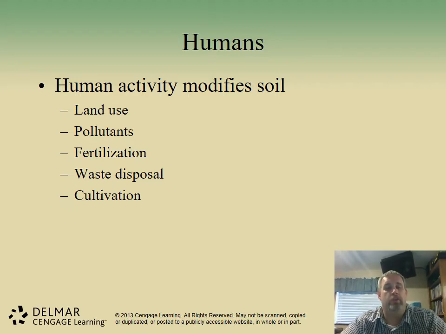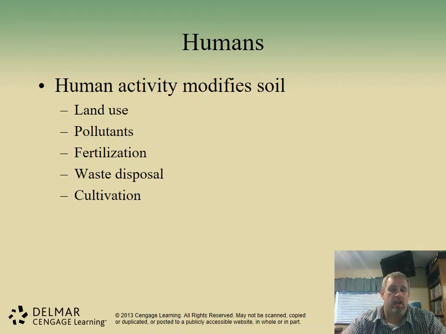Going straight into human activity, kind of what we just talked about with the Dust Bowl, human activity modifies soil very heavily. I wouldn't say that we modify more than nature, but I would say we modify soil more detrimentally than nature does.